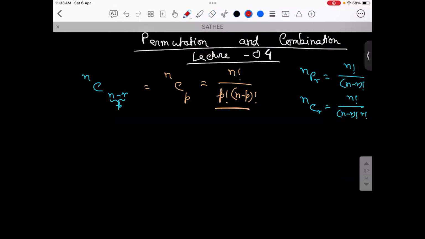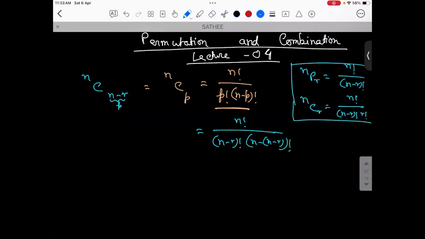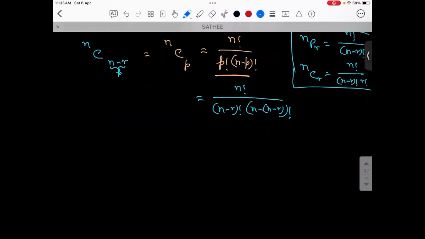So what we get is N factorial divided by (N minus R) factorial into (N minus (N minus R)) factorial, and this implies N factorial divided by (N minus R) factorial into R factorial.